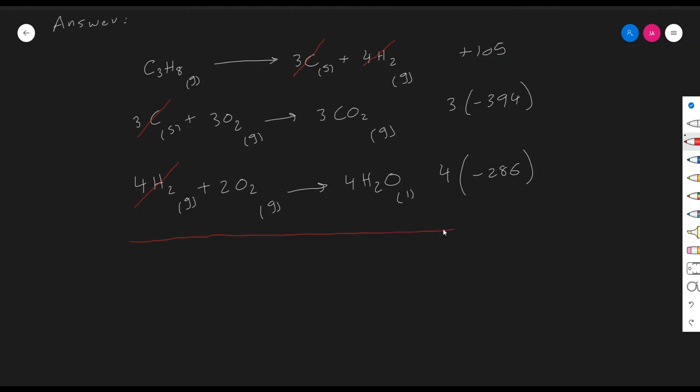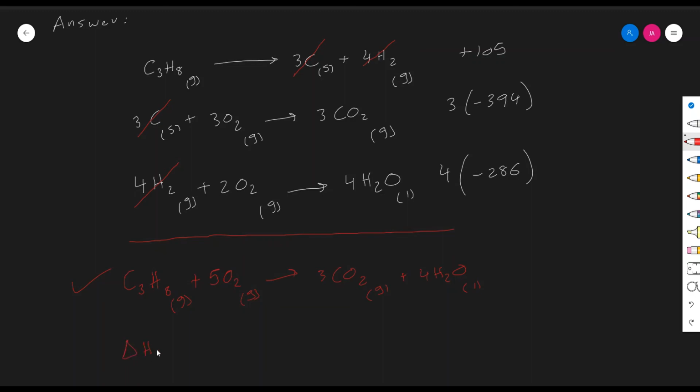Thus, if I were to write the overall equation, it would come up to C3H8 gas plus 5O2 gas, which produces 3CO2 gas plus 4H2O liquid, which is the same as that given in the question. Thus, since this overall equation is correct, I would simply add these values here.